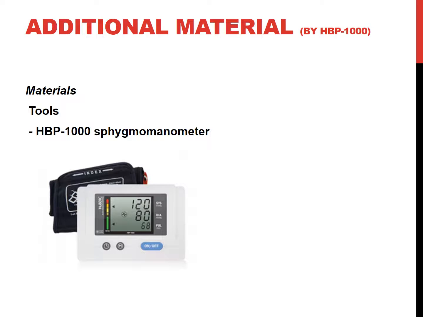In addition, I had a chance to measure with another device. It's HBP 1000, a sphygmomanometer made by Hubidic. This device is basically a sphygmomanometer, but it can measure heart rate too.